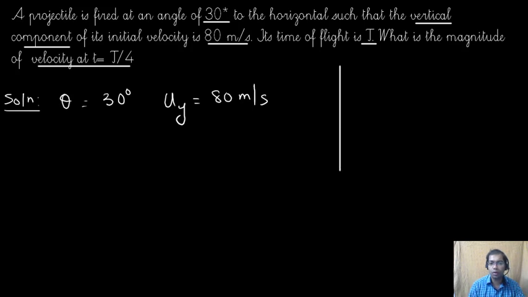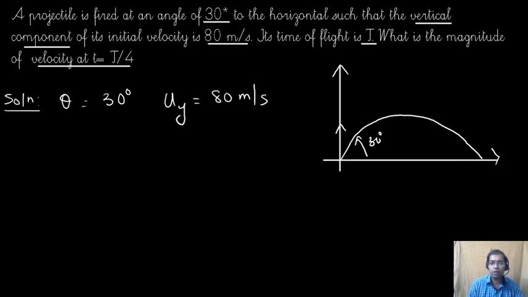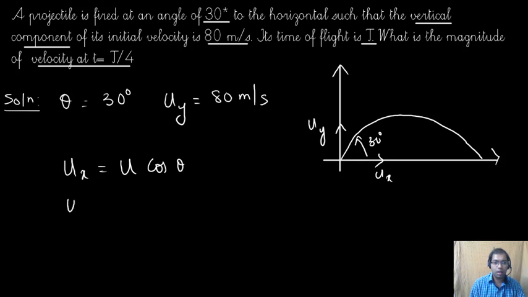So if we go ahead and draw a diagram for our parabolic path, this is how it's going to be. This angle we can take it as 30 degrees, and uy is what is given. Now ux is unknown. So we know that when we take the components, ux is u times cos of theta and uy is u times sine of theta.